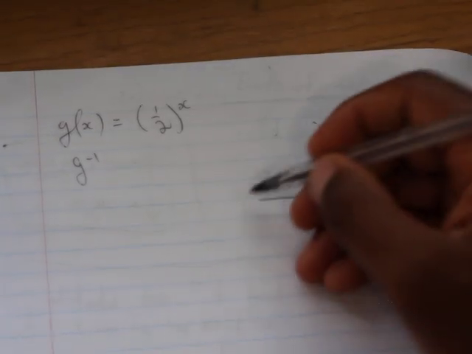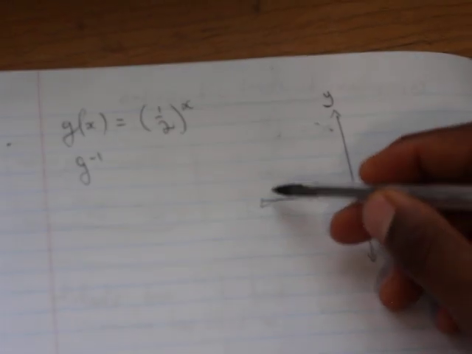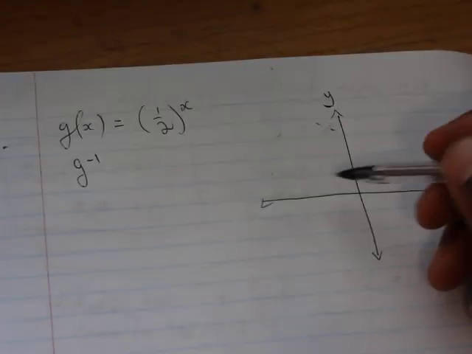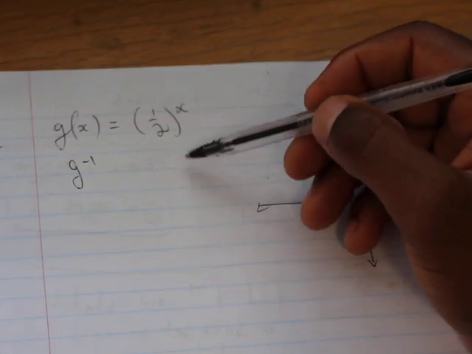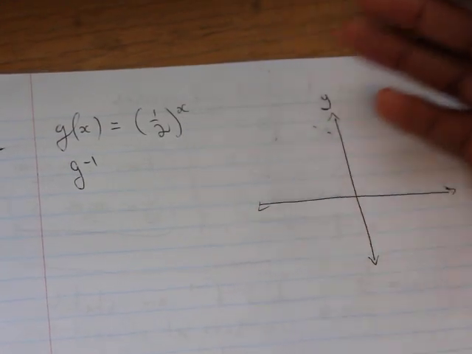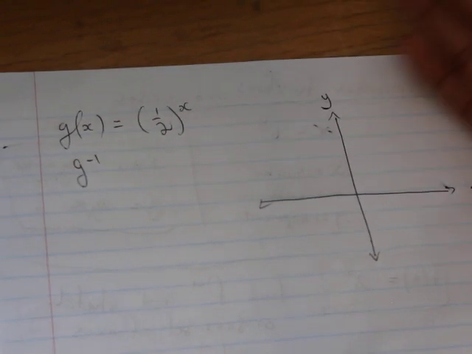Sketching g. So what's g going to look like? Obviously you guys know, that's how it looks for a normal exponential function with a base that is an integer, like 2, 3, and so on.